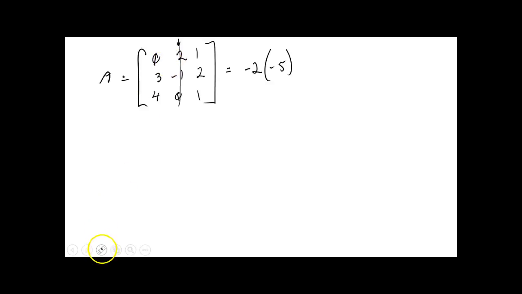Okay, I'm going to continue down that column, right? What's the sign of this position, the negative 1 position? I'm not saying the sign of negative 1, the sign of that position. Oh, positive. Okay, that's a positive.